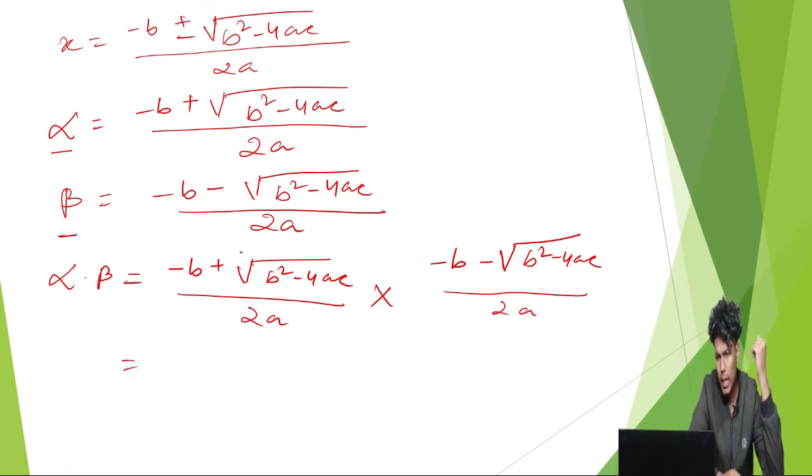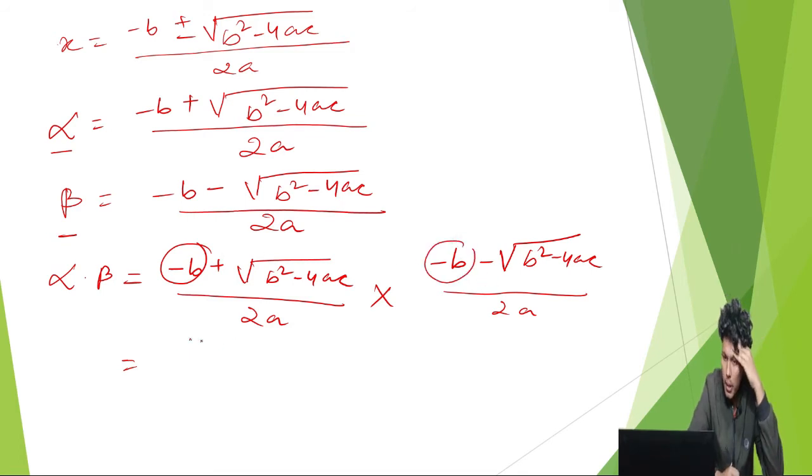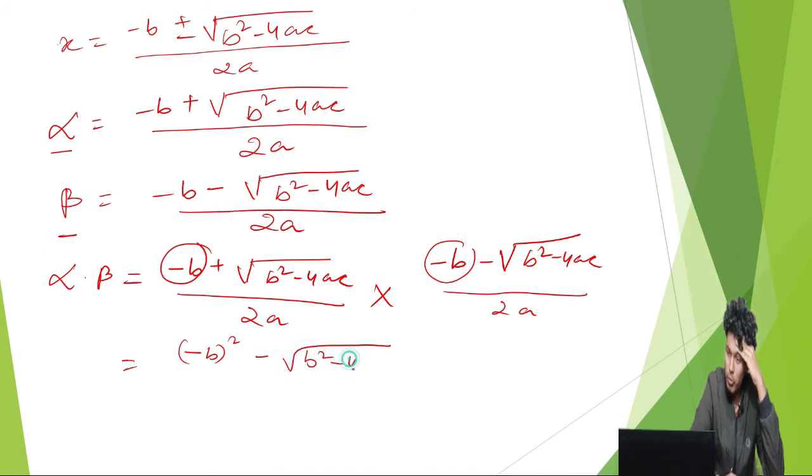Look here, a plus b and a minus b, we can write a square minus b square. So b square minus 4ac whole square divided by 2a into 2a, it is 4a square.